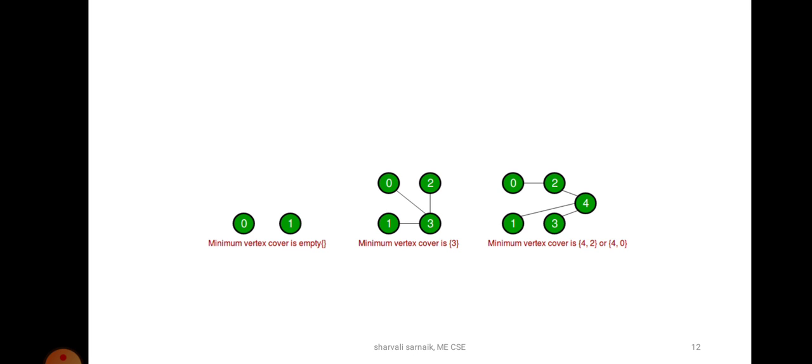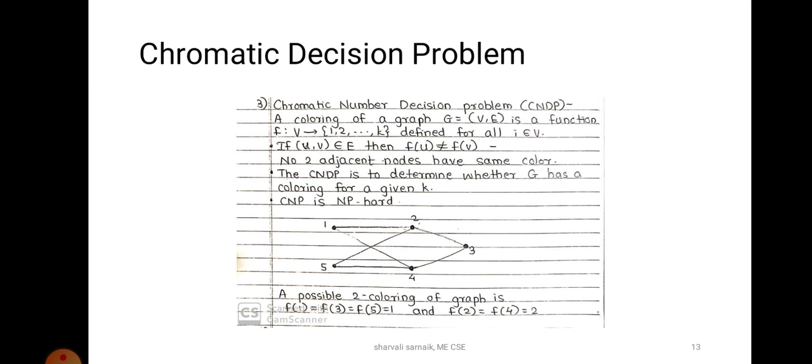So the minimum vertex cover is 3. In the last graph there are a total of 5 nodes, 0, 1, 2, 3 and 4, but in this case the minimum vertex cover is 4 and 2. We check whether there is a complete cover between the nodes or not, and we see that there are 2 nodes which correspond to each other. So the minimum vertex cover will be 4 comma 2 or 4 comma 0.